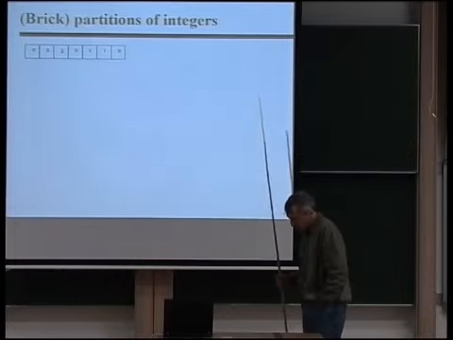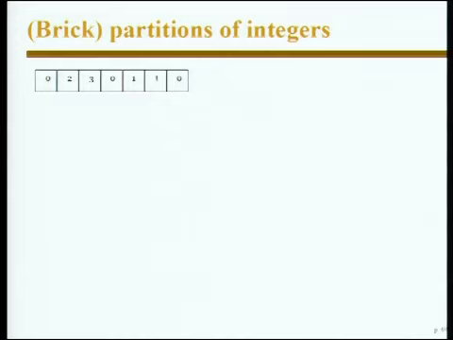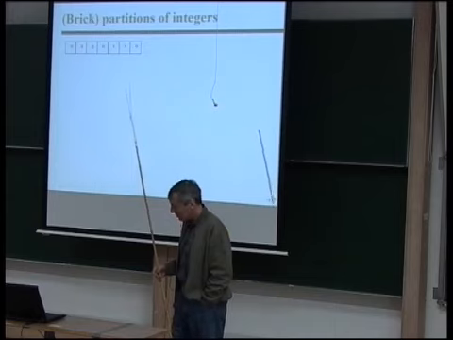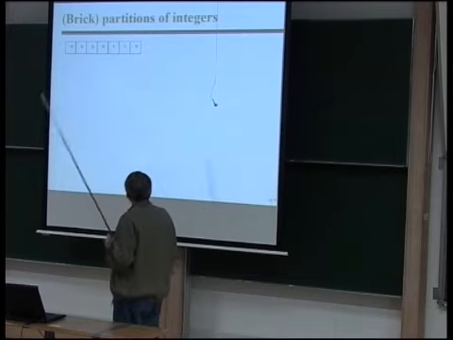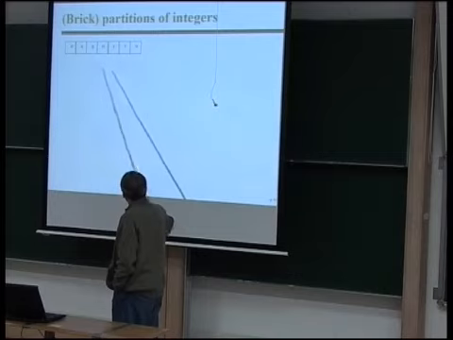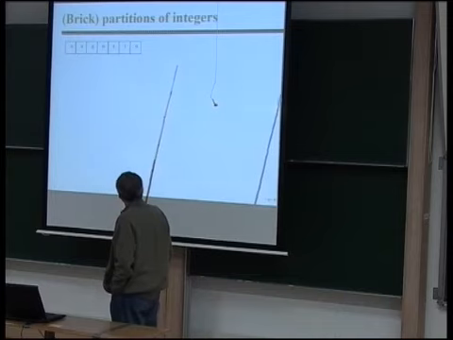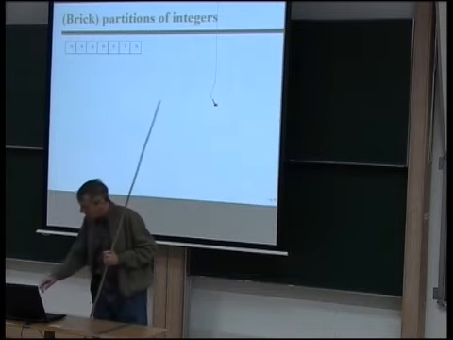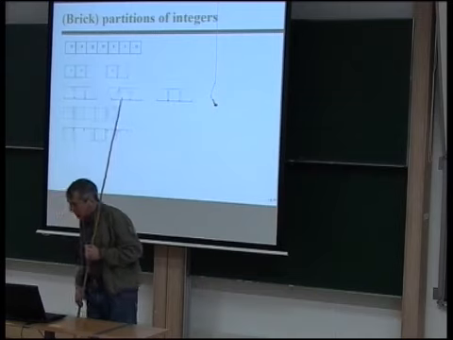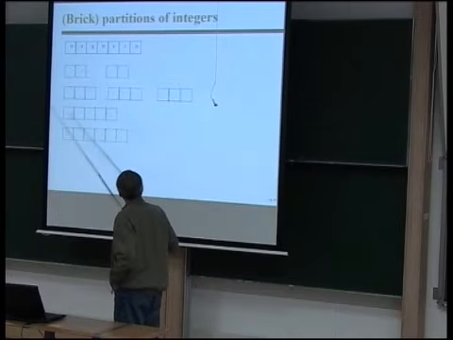So first I want to talk about just ordinary partitions of integers into integers, but for a reason which will be clear soon, I want to call those integer partitions brick partitions. So imagine I have a box like that, and there are written in some integers and zeros, as you see, and then we can read this as number of bricks of various lengths.